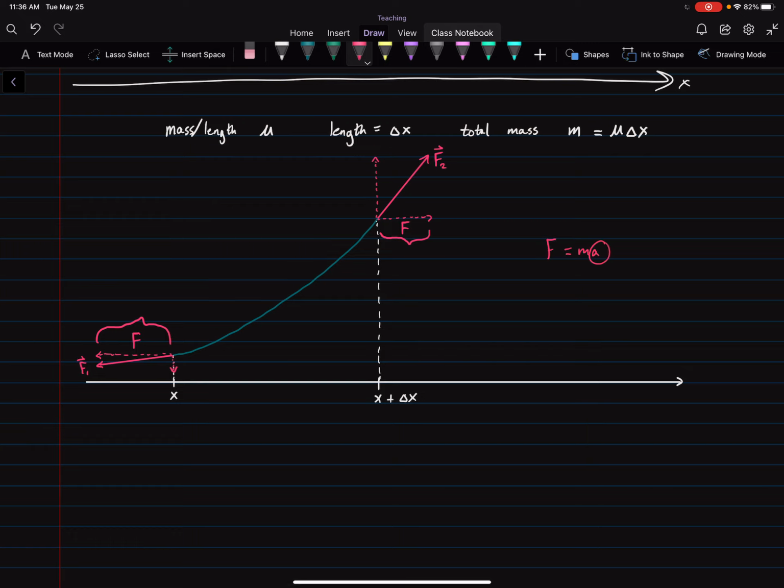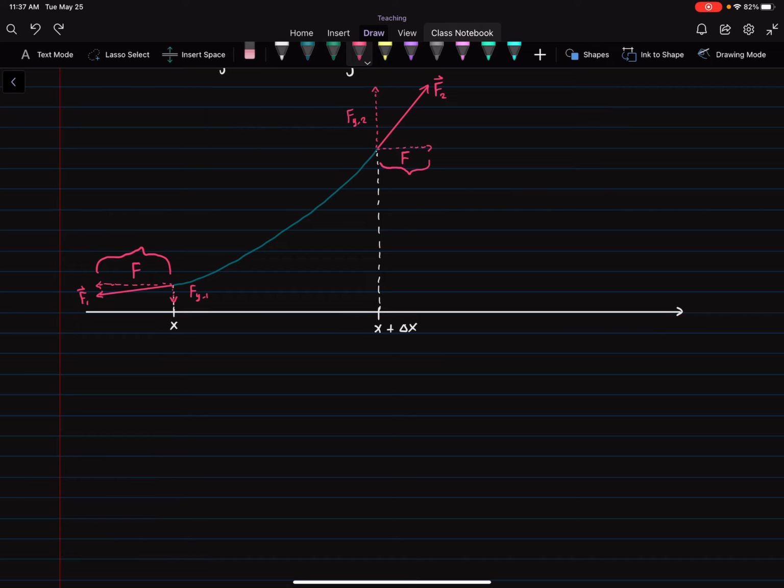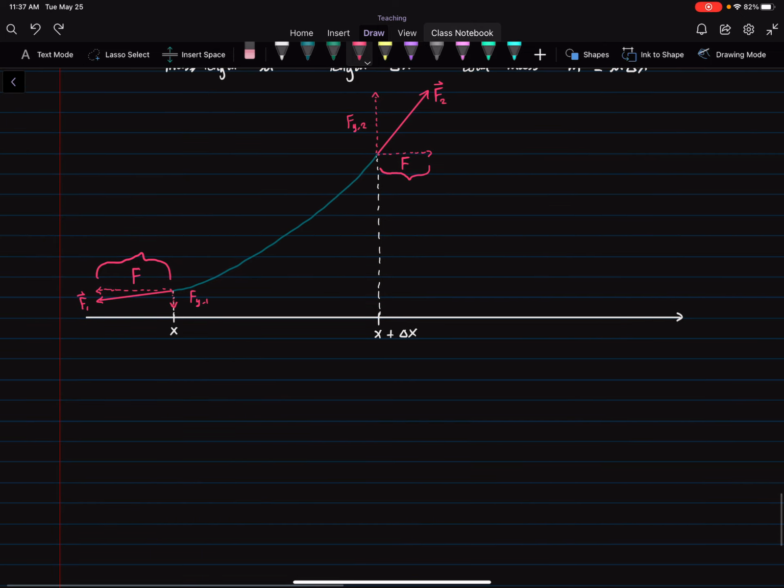So to find the y components, Fy1 and Fy2, we can draw this really interesting relationship that I sort of hinted at before. These tension forces have a relationship with the slope of the string.